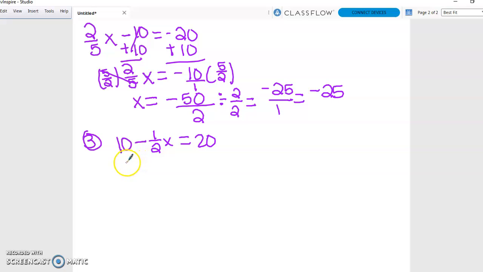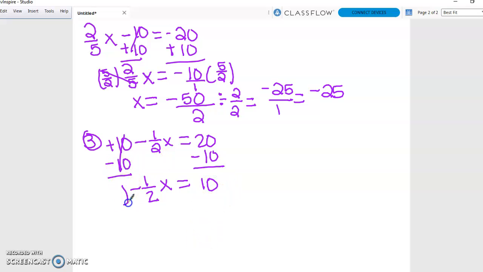So don't freak out. All right, so since this 10 is positive, we have to subtract 10 from both sides. That cancels. Now we're left with a negative 1/2 x equals 20 minus 10 is 10.